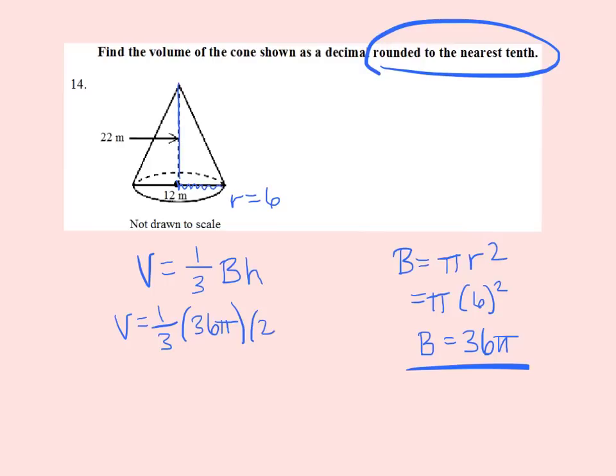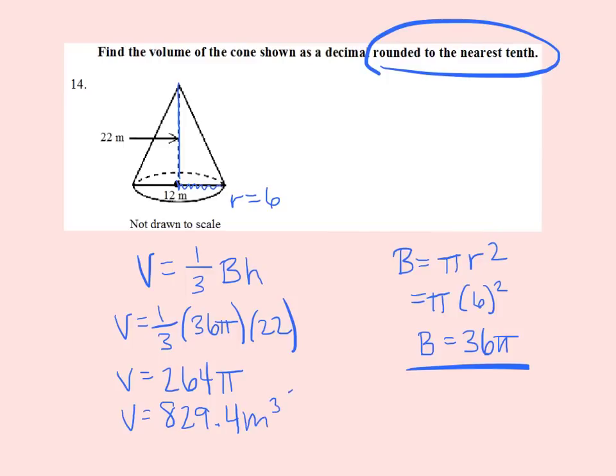I've got the fraction 1/3 times 36 pi times 22 gets me 264 pi. But because it says round to the nearest tenth, I'm going to hit my double arrow button, and I get the answer of 829.4, when you round to nearest tenth, meters cubed.